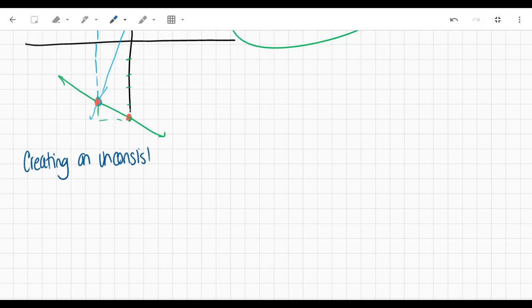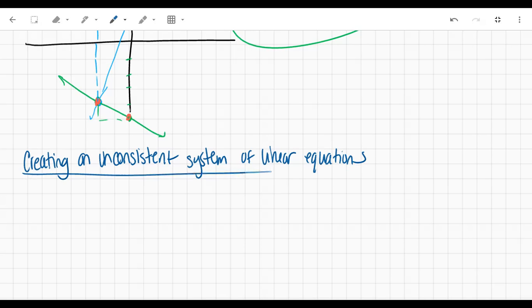So remember, an inconsistent system has no solution. So creating an inconsistent system of linear equations, we're coming up with two lines that don't intersect.